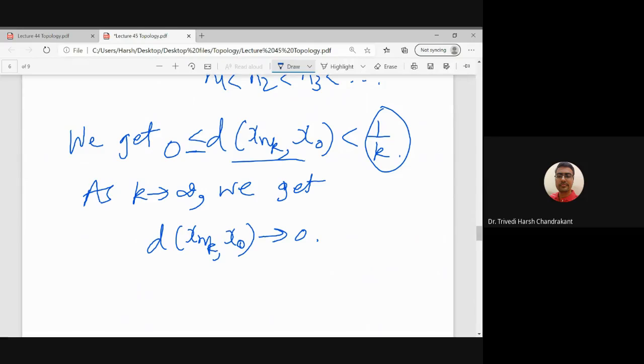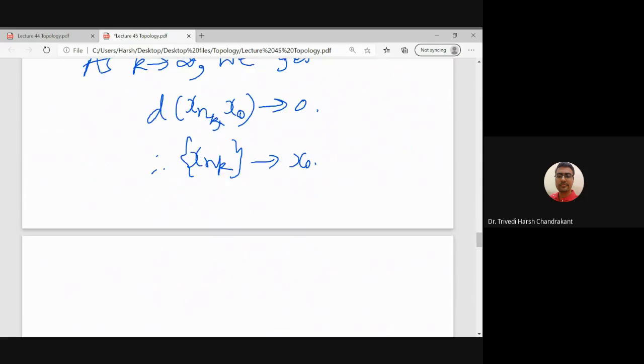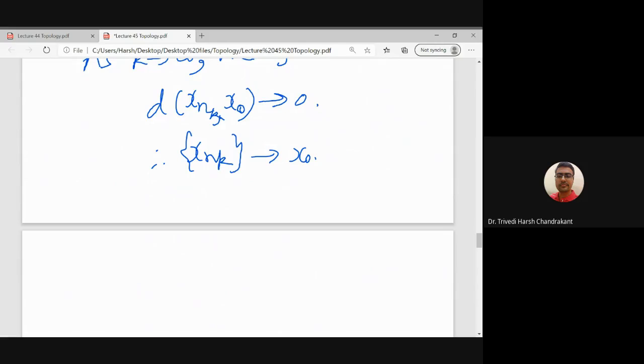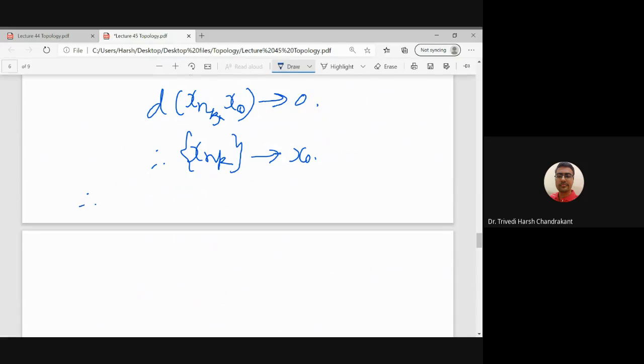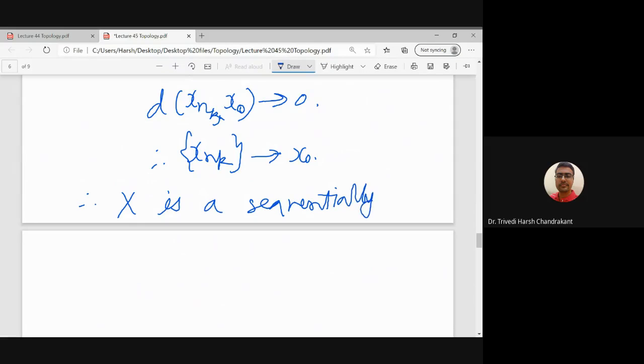So by the squeeze theorem, this sequence xn_k will converge to x naught. So therefore xn_k converges to x naught. So using the characterization of the limit point, we have constructed a subsequence of the given sequence xn which is convergent. So that gives us X is sequentially compact.